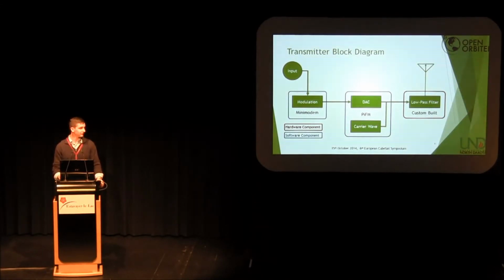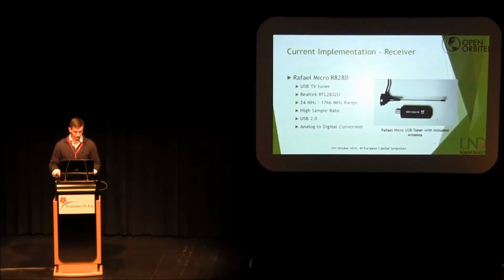The analog signal goes through a custom filter to suppress the odd harmonics that are generated by the square wave output by the Raspberry Pi. And just as a general note, the blue squares and the red squares represent the software components and the hardware components of the system.